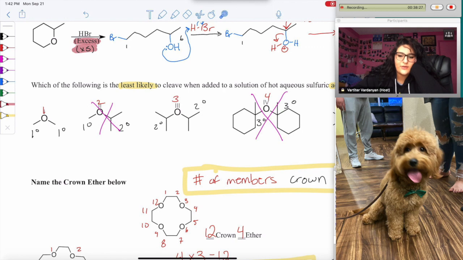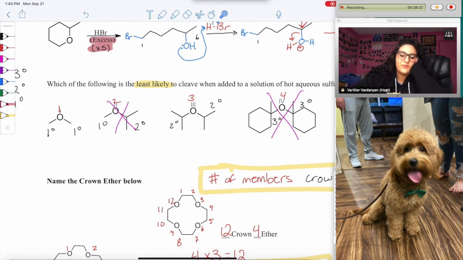So we're not looking at which side the nucleophile wants to attack. We're just looking at stability. So between primary and secondary, which one would be more stable? Yes, so number 2 would definitely be more stable. Therefore, this will be our answer.